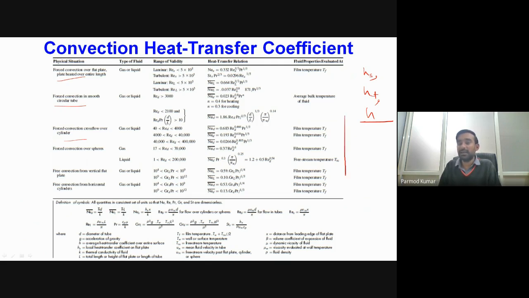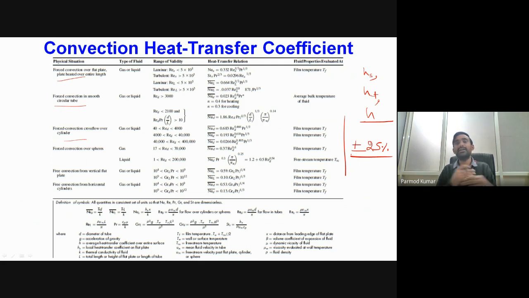So if you find a variation even in the range of plus minus 25% in your convective heat transfer coefficient, that is also considered acceptable. Okay, so why is it considered acceptable? Because it's a very complicated parameter and it depends upon a large number of other primary parameters, and at the same time it has a strong correlation with the physical situation where we are applying or trying to measure it.